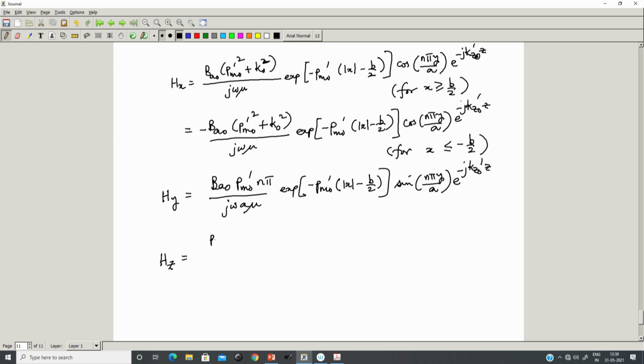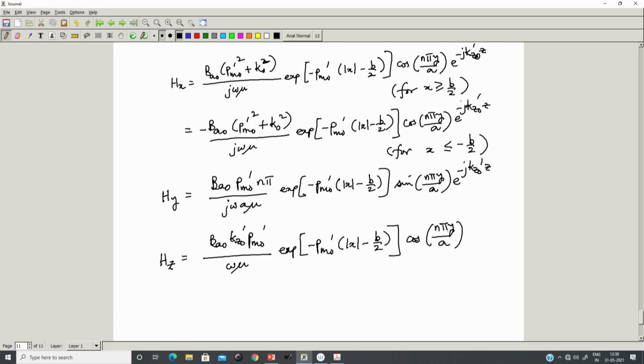H z is B A O k z o prime p m o prime by omega mu exponential minus p m o prime mod x minus b by 2 cos n pi y by a e power minus j k z o prime z, that is for x greater than or equal to b by 2.